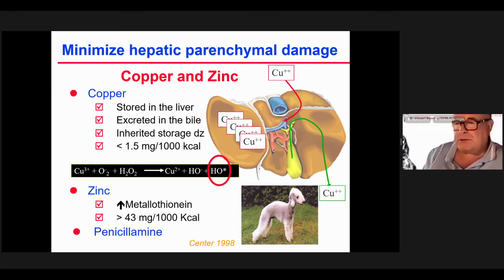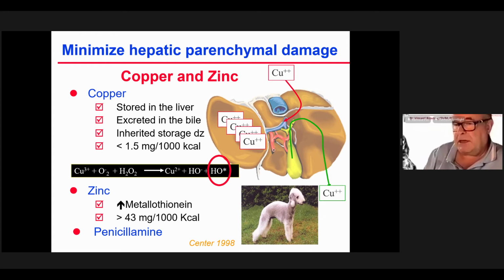In the presence of oxygen and hydrogen peroxide, the copper is going to produce very potent free radicals that will damage the membranes, that will damage the DNA, that will damage the mitochondria, and so basically will induce inflammation, will kill cells, etc. And so you can induce very severe damage with excess copper in the liver of animals. Why is there excess copper in the liver of animals?